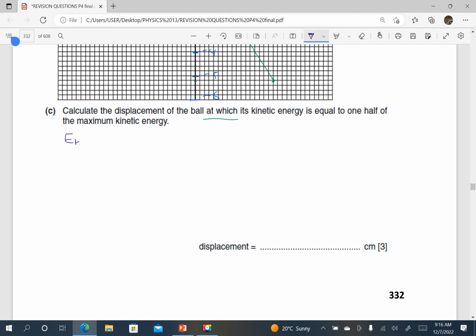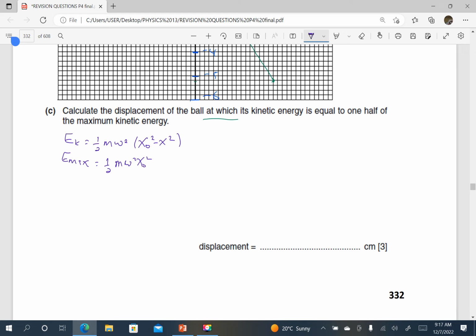We know kinetic energy is a half m omega squared into x naught squared minus x squared. Maximum kinetic energy is the same as maximum energy, which is a constant, a half m omega squared x naught squared. Kinetic energy is maximum when the displacement is 0. The body is passing equilibrium.